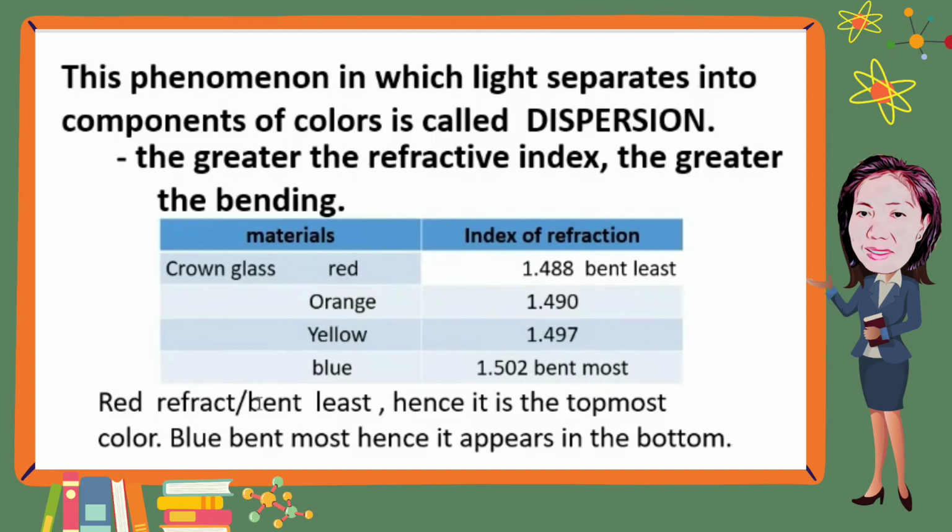So red refract or bend least because they are on the top. And color violet appear in the bottom because they are the color that bend most. So the bending of colors depends on the amount of refractive index. The greater the refractive index, the more it bends.